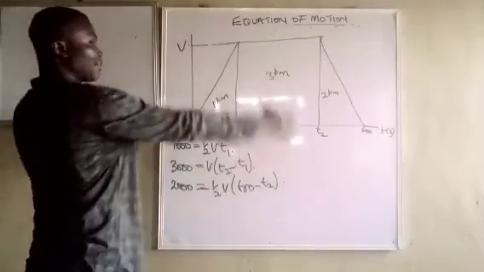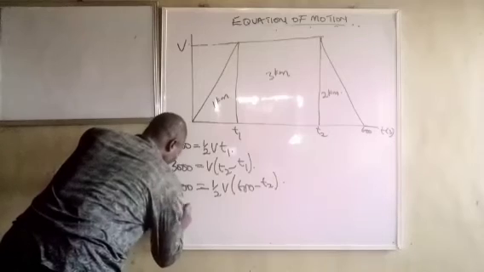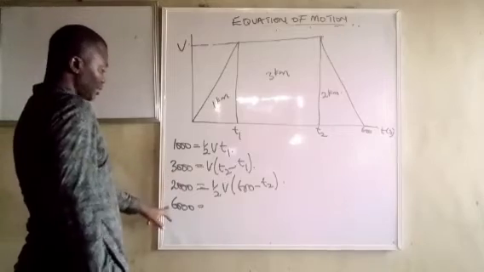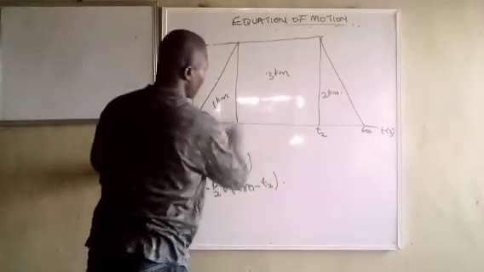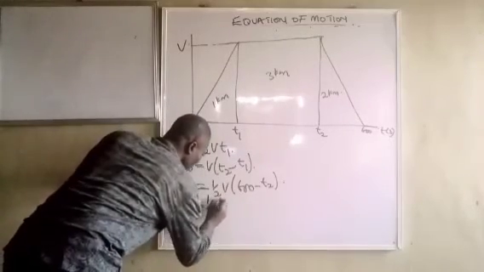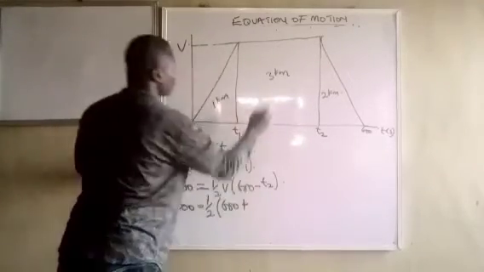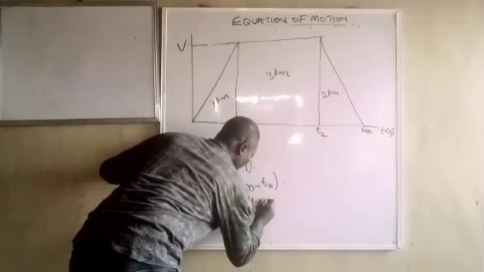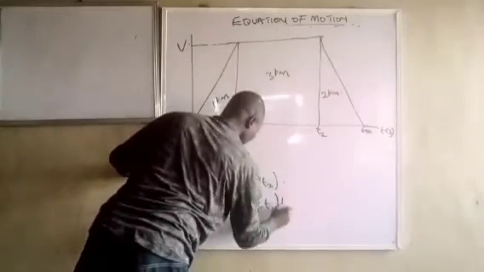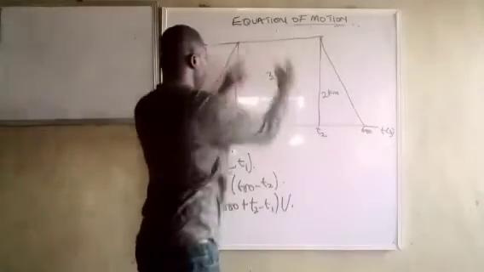We now have overall distance, that is 1,000 plus 3,000 plus 2,000 is 6,000, is equal to half into 600 plus T2 minus T1, into V. You can see this is 600, this is T2 minus T1.